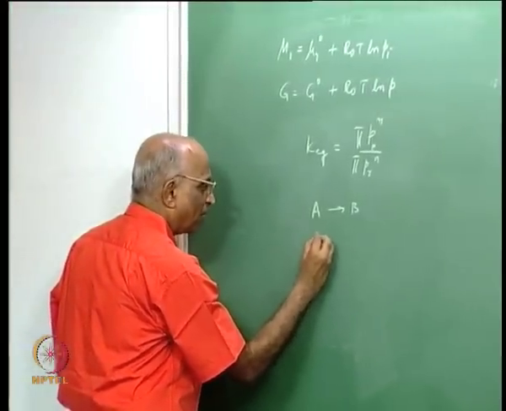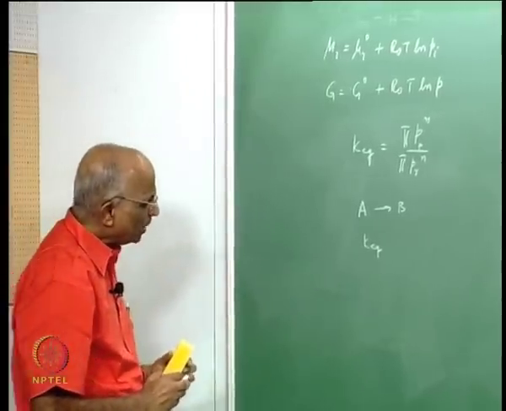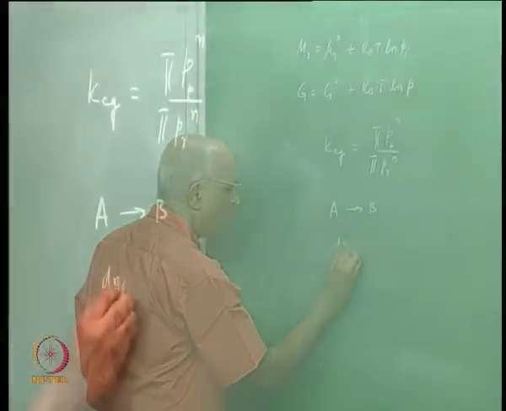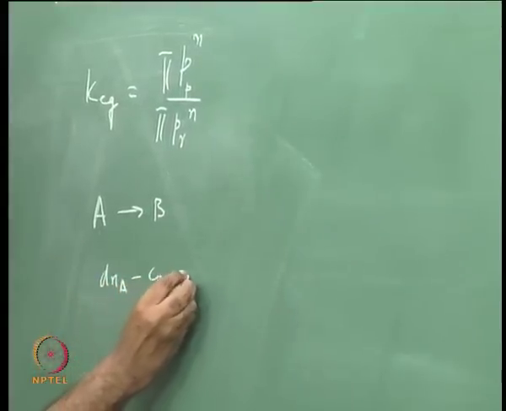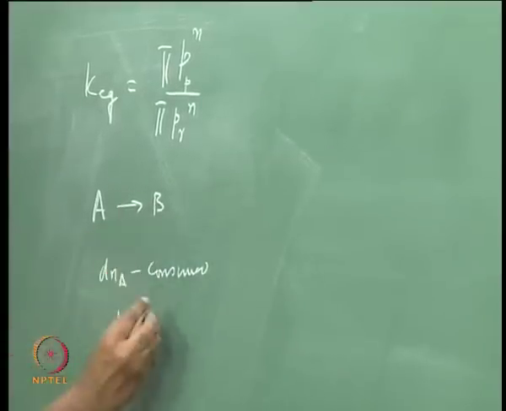The value of K equilibrium I want to find out for this reaction, but before that I have a problem. Look here, in this reaction dNA moles of A gets consumed, and dNB moles of B is getting formed.